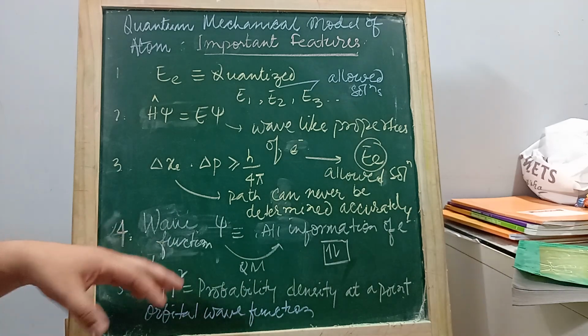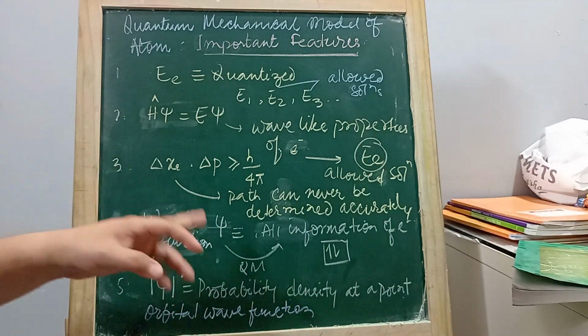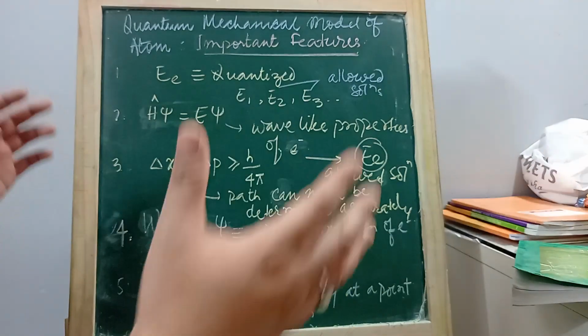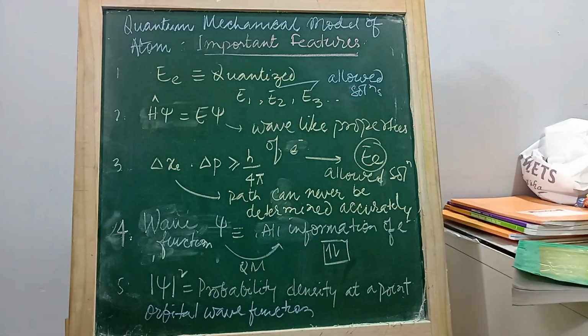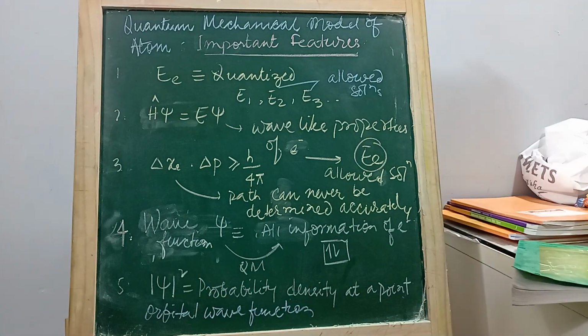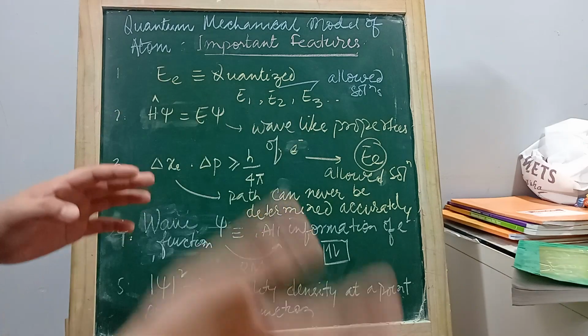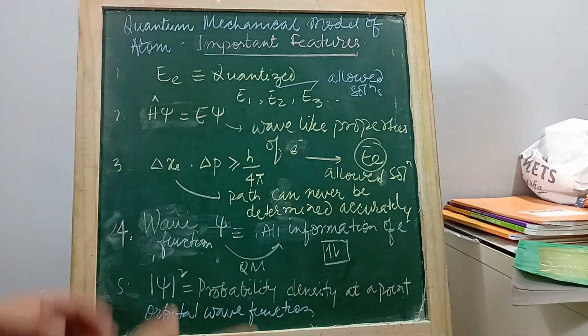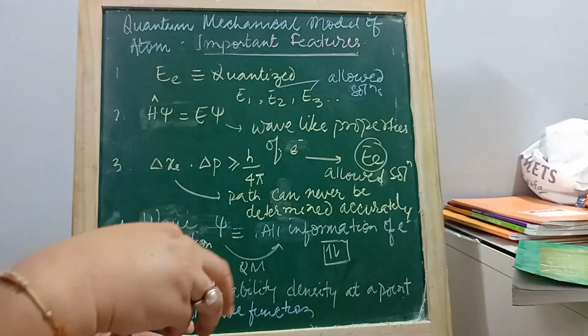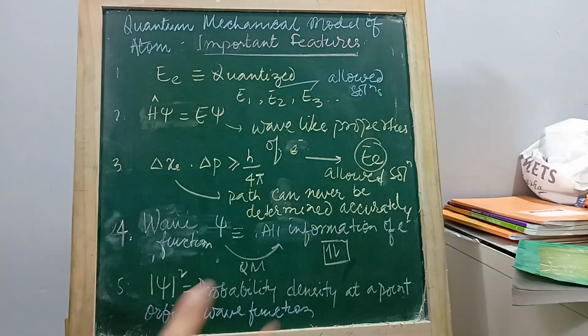The wave function of an electron is denoted by psi. What does it contain? It contains all the information of the electron. An electron can have many orbital wave functions in an atom. For every wave function, there is a corresponding amount of energy. The space where the electron can be found will differ according to the wave function it has.